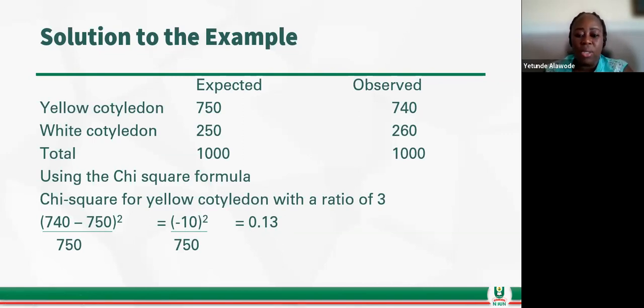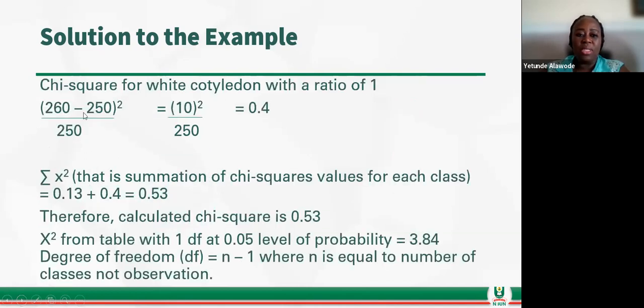You do that for the first class, and you get your answer 0.13. Then you do it also for the second class, which is the ratio of 1, and you get your 0.4. I hope it's clear to that point.